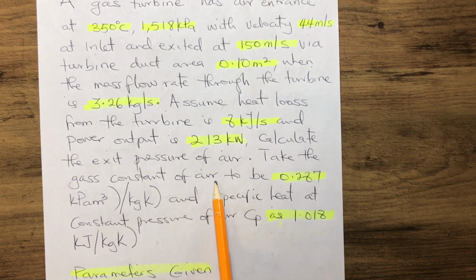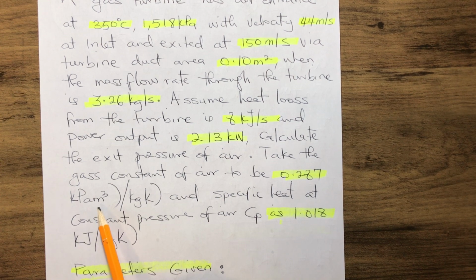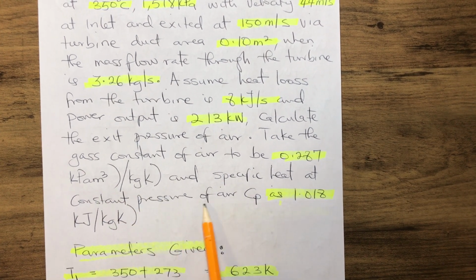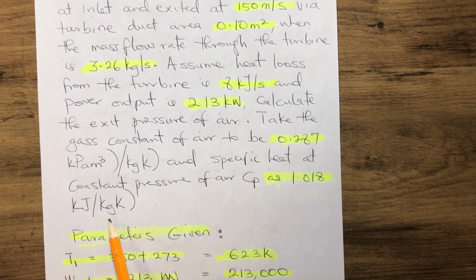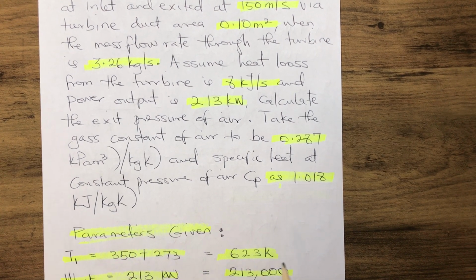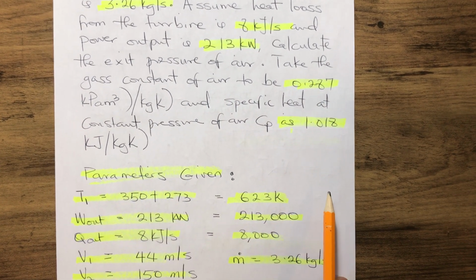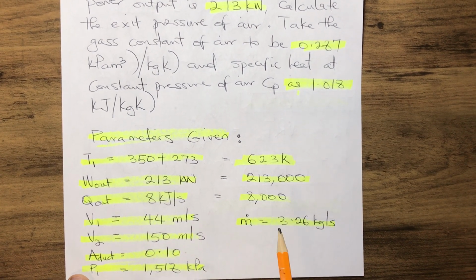Take the gas constant of air to be 0.287 kilopascal meters cubed per kilogram Kelvin and the specific heat at constant pressure, which is Cp, as 1.018 kilojoule per kilogram Kelvin. Now, let's pull out our parameters from our representation.